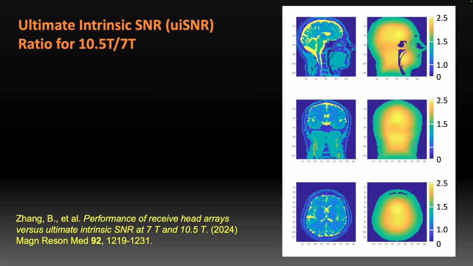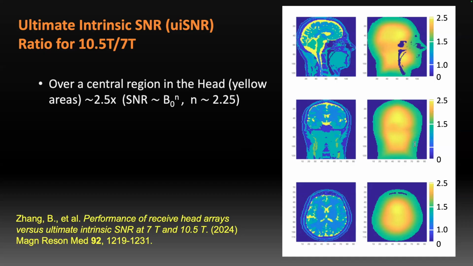And we did calculations of the so-called ultimate intrinsic SNR. These are theoretical values, theoretically maximum SNR gains. The SNR gains are not uniform over the human head. It depends on the periphery versus a central region. But over a central region of the head, for example, these yellow areas that you see in these images, you are expected to get about a factor of 2.5 compared to 7 Tesla SNR.